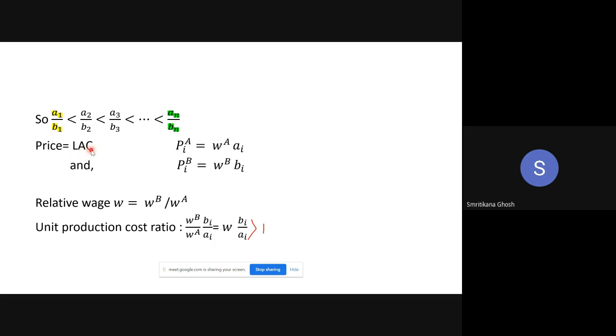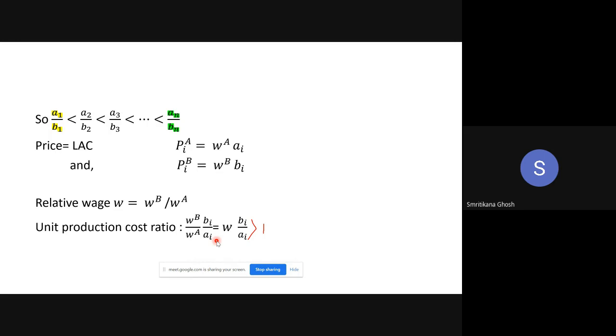LAC of commodity 1 in country A is less than LAC in country B. If you write it in your copy at home, you can understand. As average cost is lower, you can sell the commodity at the lower price. So you have some opportunity cost advantage in commodity 1. So you should produce commodity 1, and when trade happens, you will export it to country B where the price is relatively high.